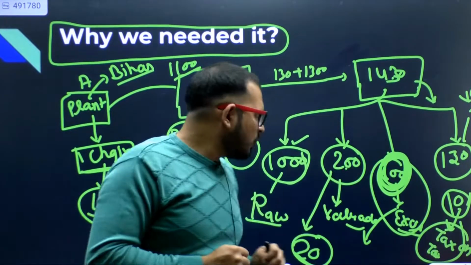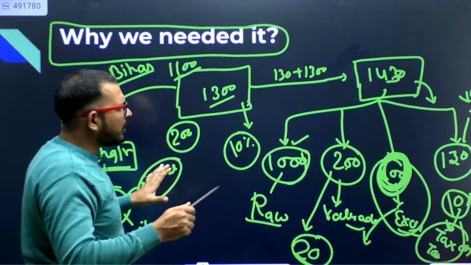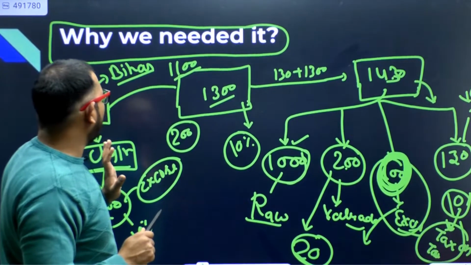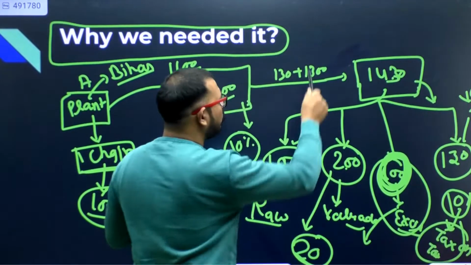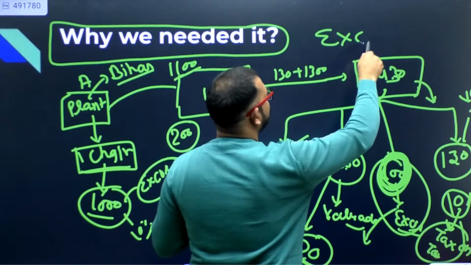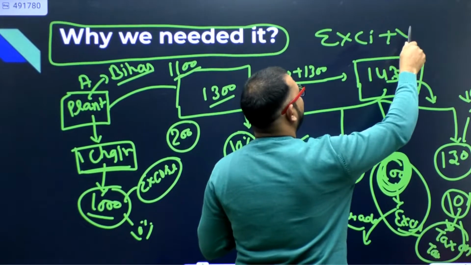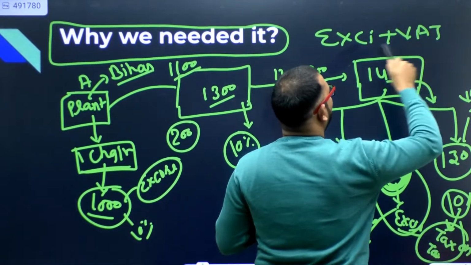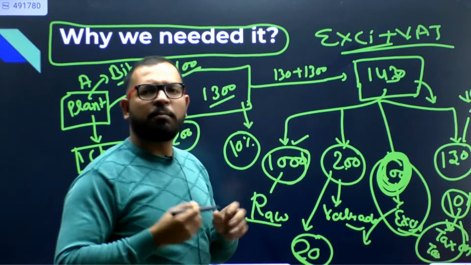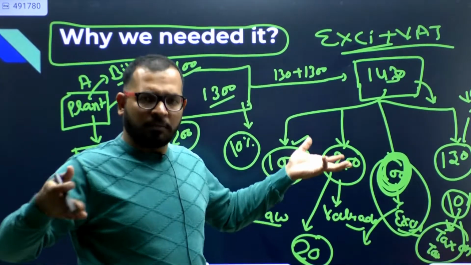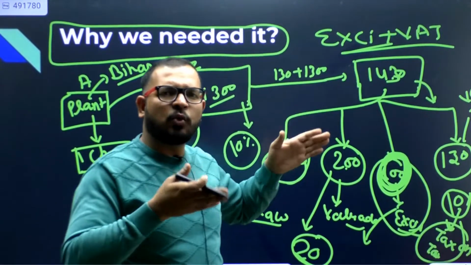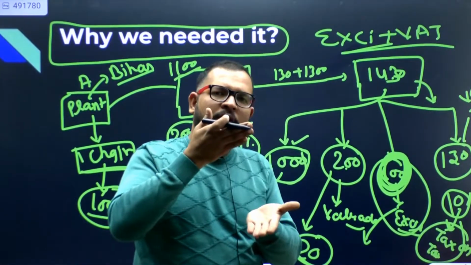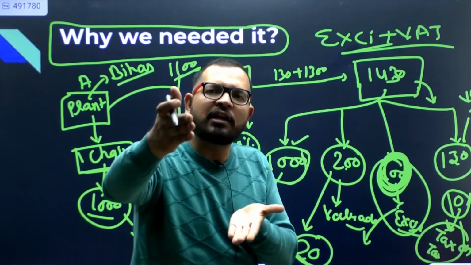Now look here. So what has the GST actually done? GST has subsumed this excise plus VAT plus any other indirect tax which was levied during the process from manufacturing to final consumption.